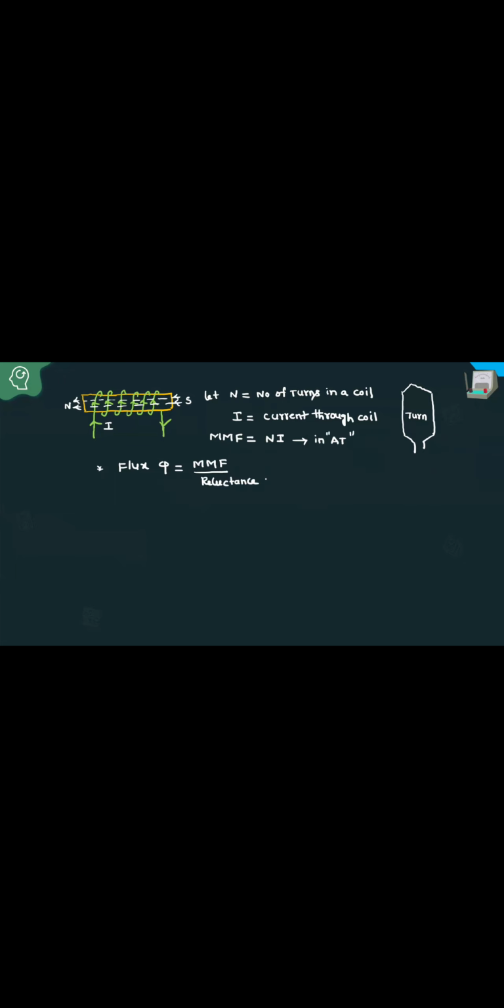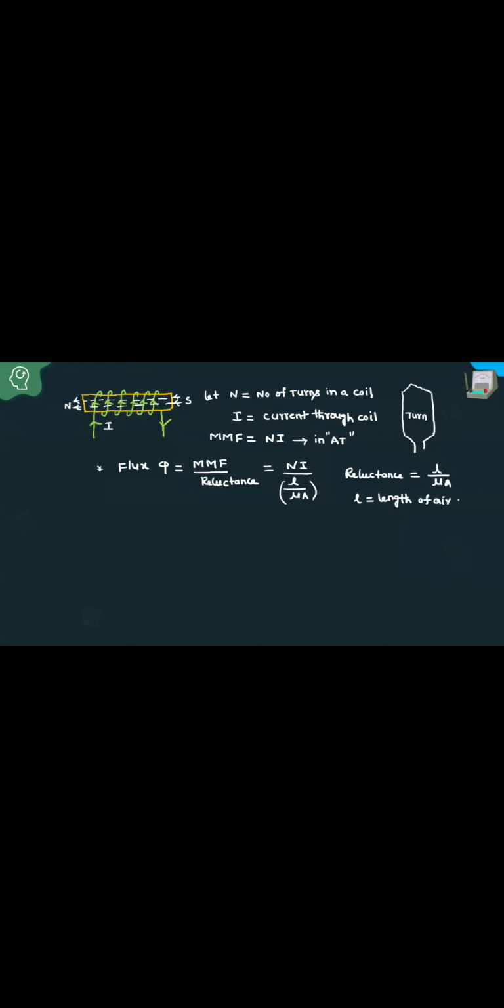Then how to write it? MMF equals N I. What is the reluctance, friends? Reluctance equals l by mu A. What is l here? That is the length of the air gap, within which the flux is flowing.